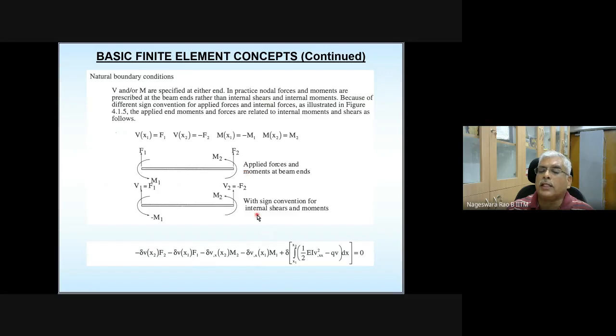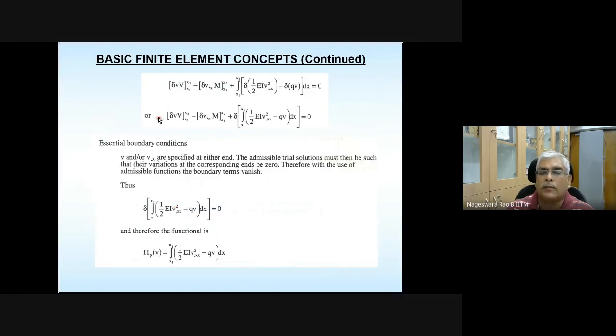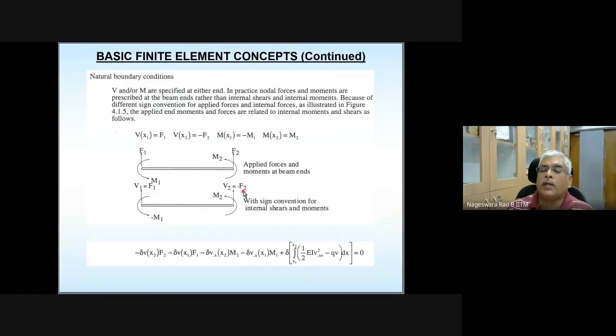And whatever you see here, they are internal shear and internal moment. So this is the sign convention for internal shear and internal moment. Internal shear at node 1 is V1, internal shear at node 2 is V2, internal moment at node 1 is M1, internal moment at node 2 is M2.